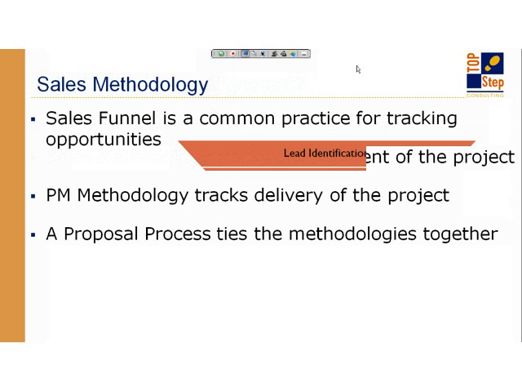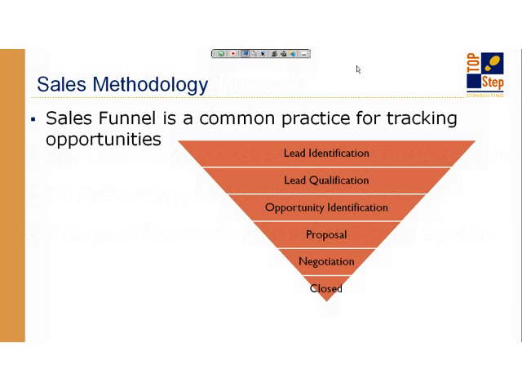For many of you, your sales teams are following some type of sales methodology, and a common practice is called the sales funnel, where you identify leads through a series of opportunities. It could be conferences where you exchange business cards, luncheons, cold calling, reference information, all types of ways to meet potential customers out in the field.